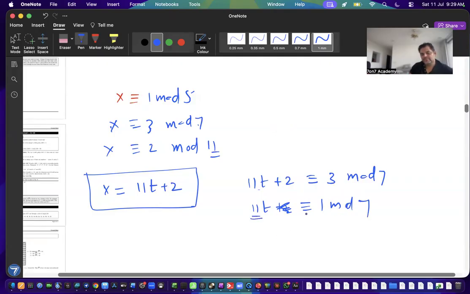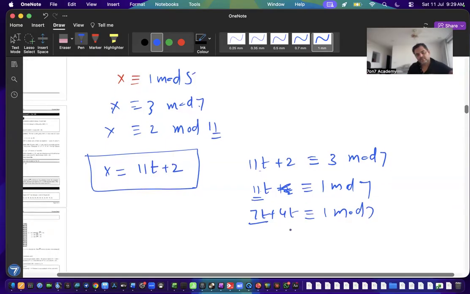Now if you eliminate the multiple of 7, your problem becomes easy: you can write 7t plus 4t congruent to 1 mod 7. The 7t is gone because it is a multiple of 7. So 4t is congruent to 1 mod 7.